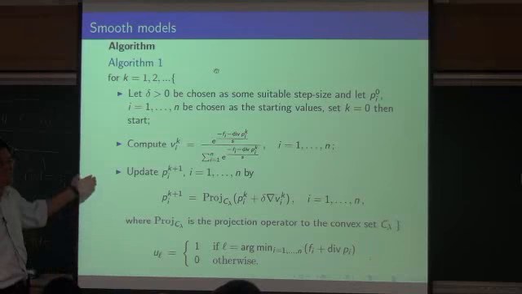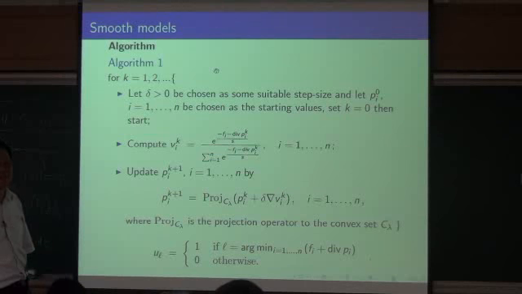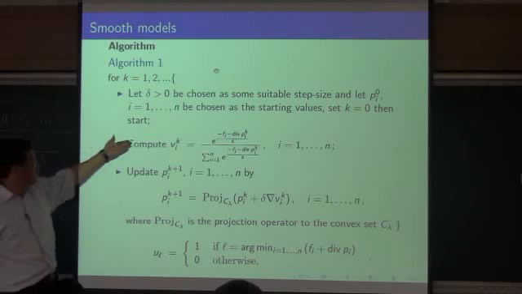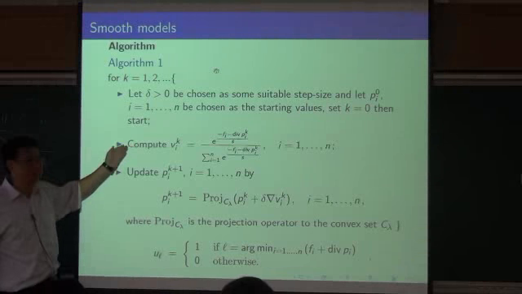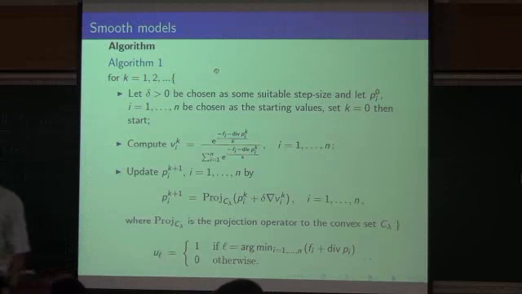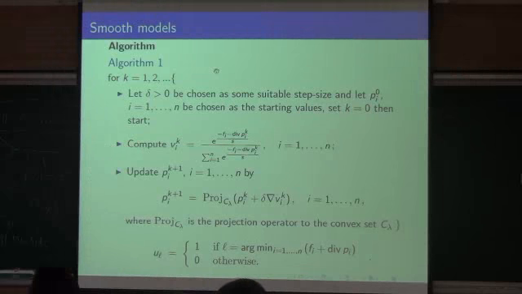So in this way, you can easily compute 20, 30 labels. There is no problem. But if you want to compute several thousand labels, then the memory will become a problem. Otherwise, it's very low cost per iteration, and goes very, very fast.